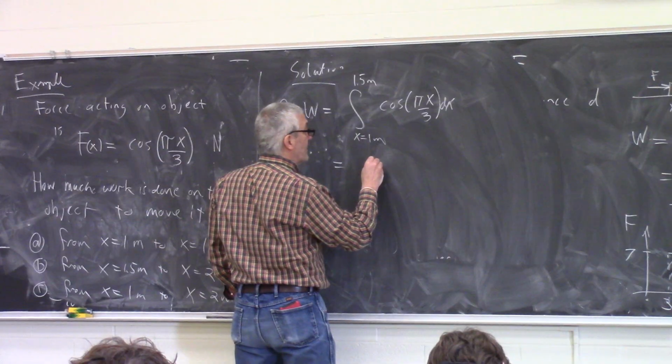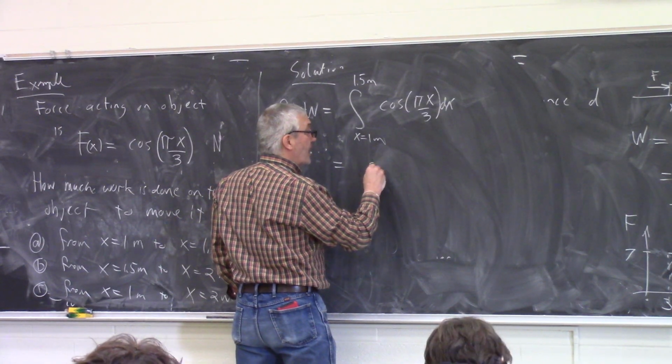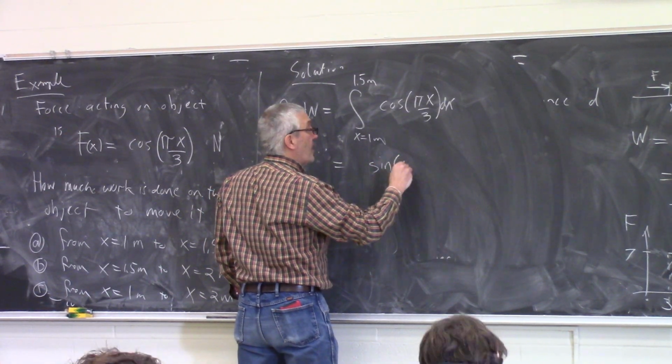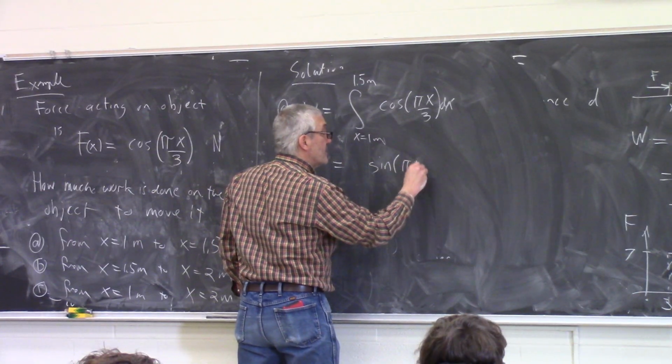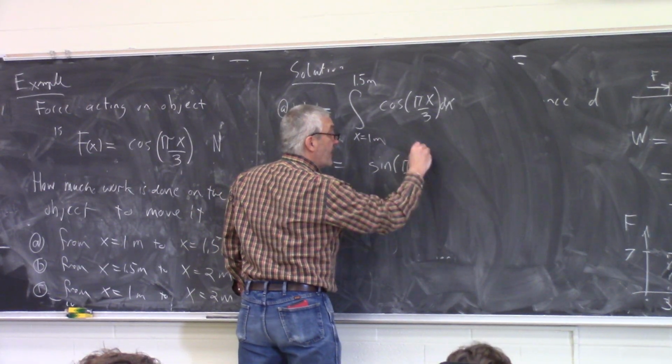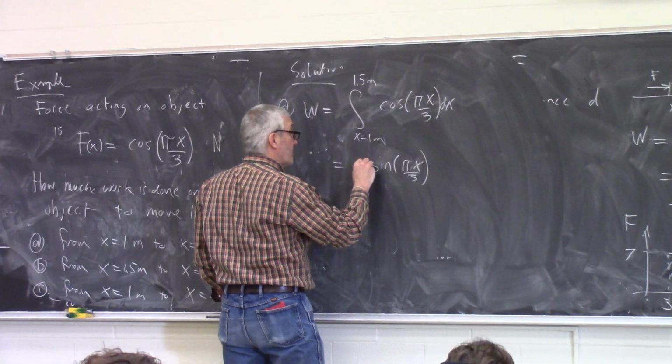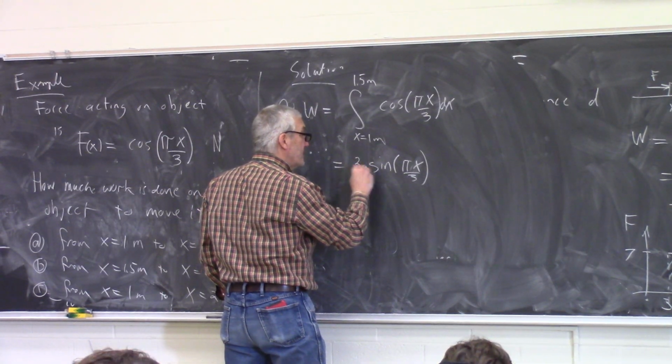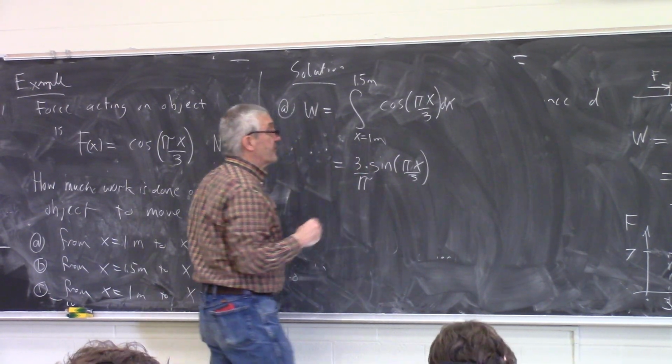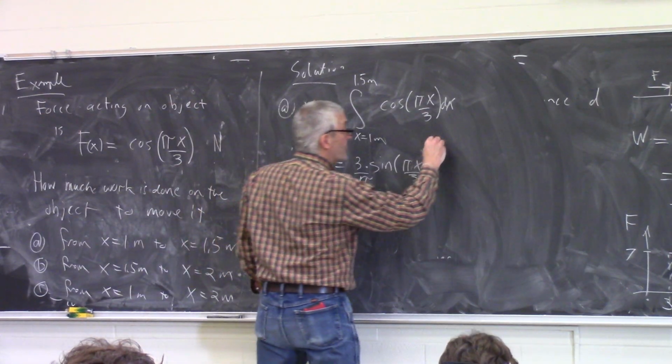So the antiderivative of cos is sine pi x over 3, and then you divide by pi over 3, in other words, you multiply by 3 over pi. So there's my antiderivative, and I have to evaluate that.